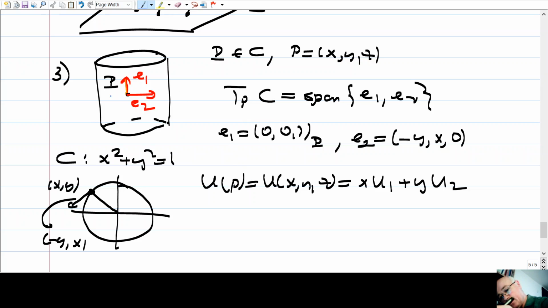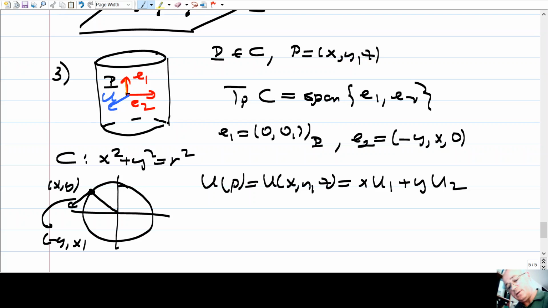Okay, so the normal vector is like this. Actually, we could do the following.